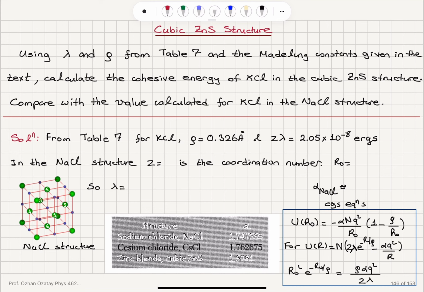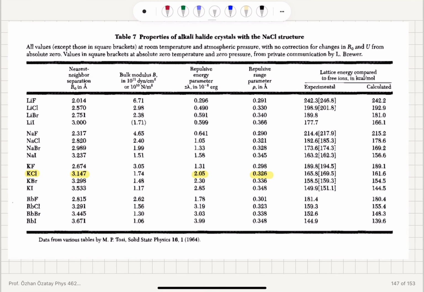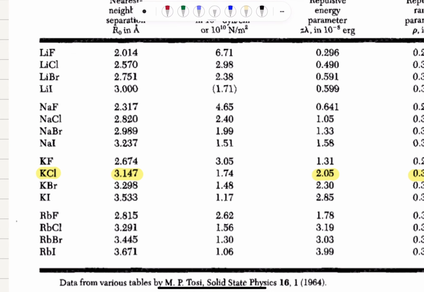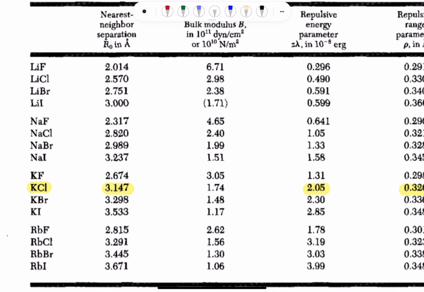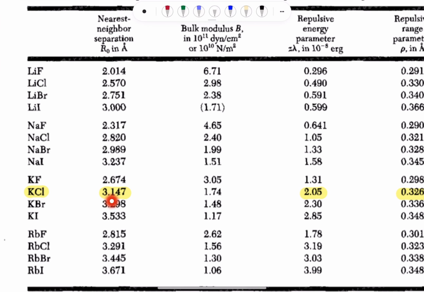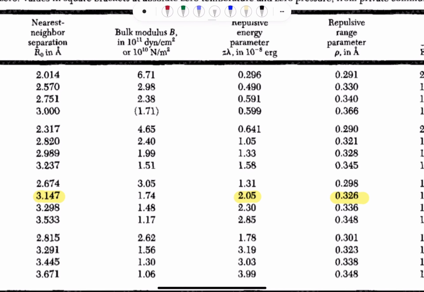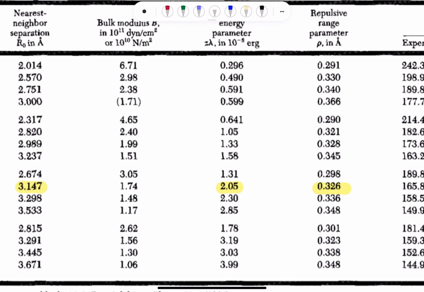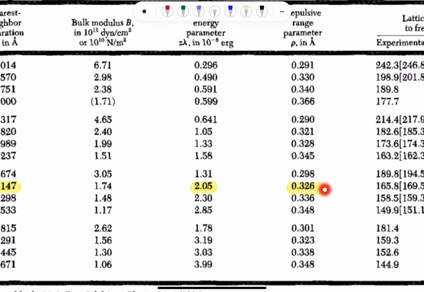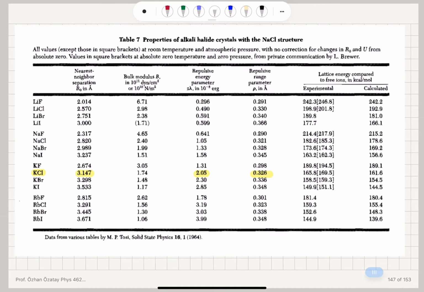Okay, so table 7. Here's table 7, properties of alkali halide crystals with the sodium chloride structure. Here is potassium chloride. We know the nearest neighbor separation is 3.147 angstroms. We know the repulsive energy parameter Z lambda is 2.05 times 10 to minus 8 ergs, and the repulsive range parameter rho is 0.326 angstroms.